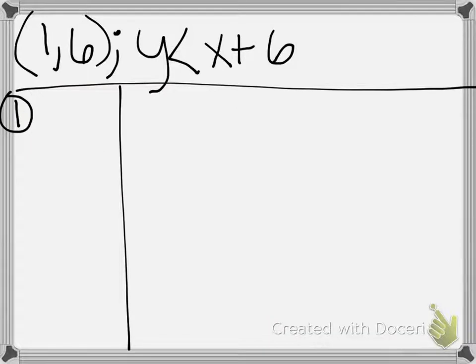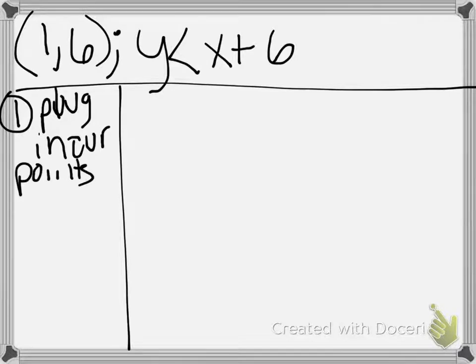First thing we want to do is look at y is less than x plus 6, and we want to know, is (1, 6) a solution to this inequality? The first step is to plug in our points. So we have y is 6, which is less than x is 1, plus 6.